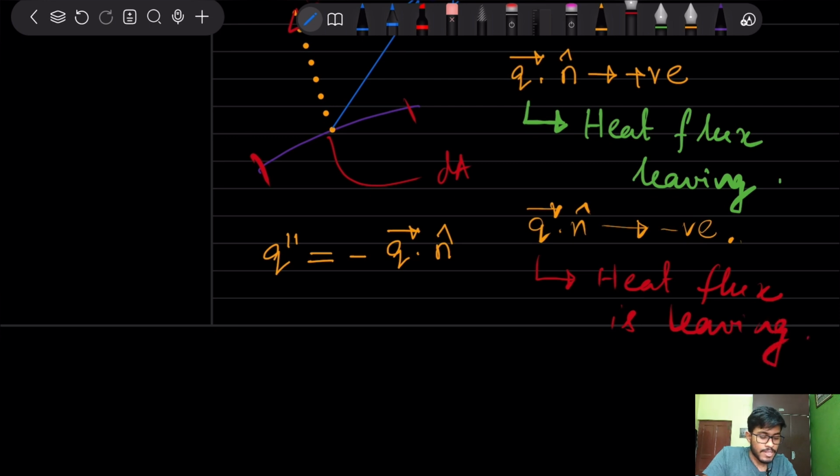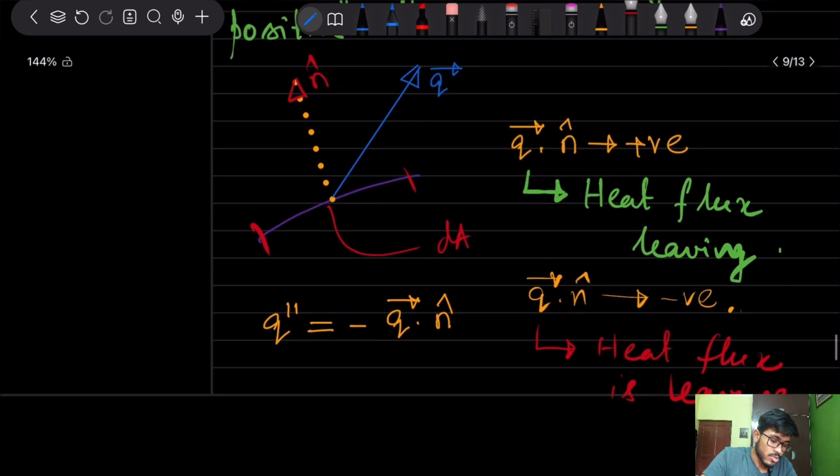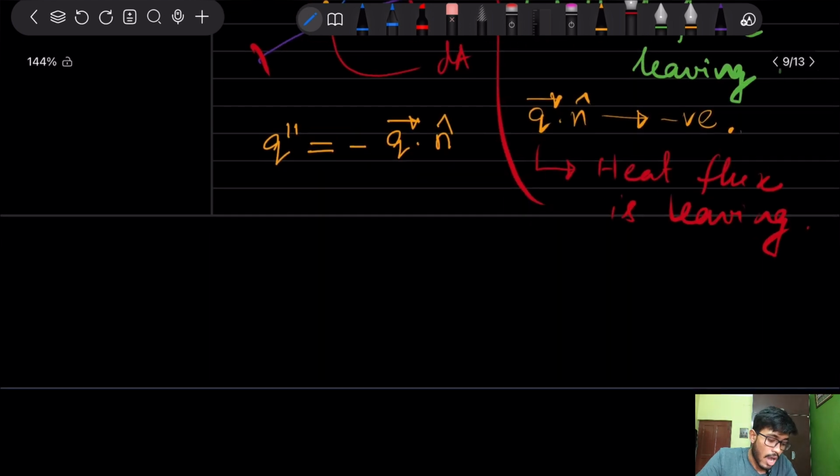These two things are true, as I have shown already, by rotating this vector. But according to our sign convention, if the heat flux is leaving, then my q double prime must be negative.